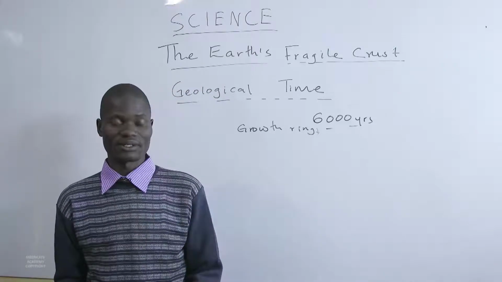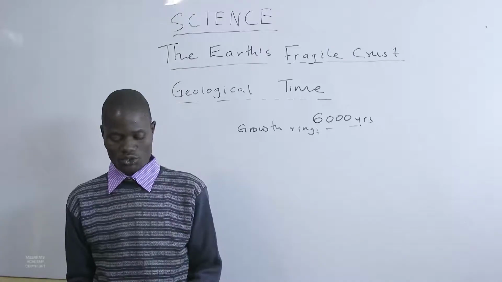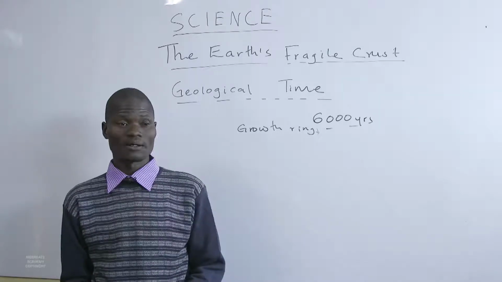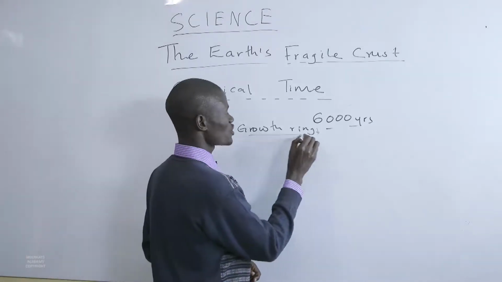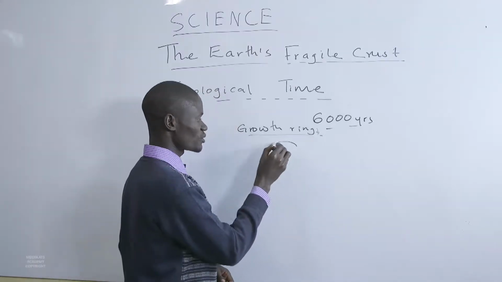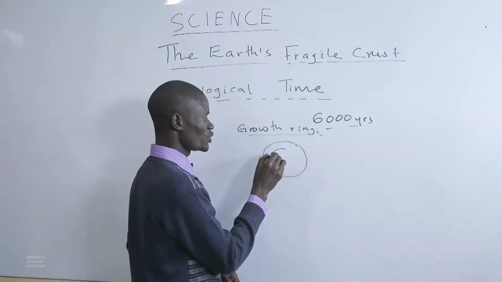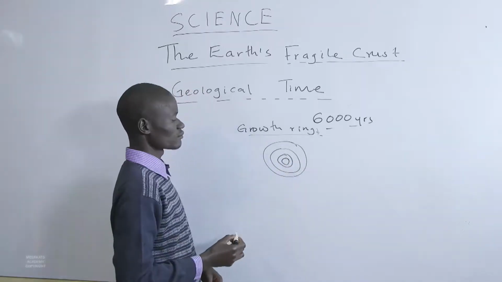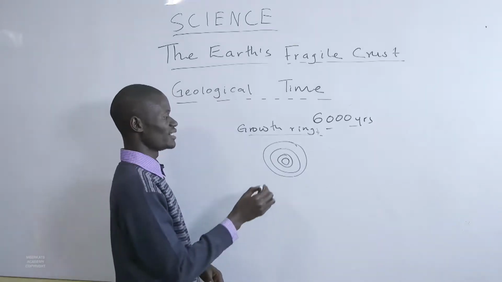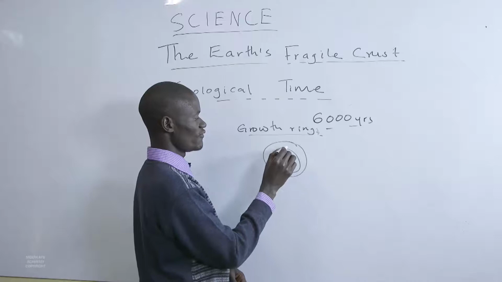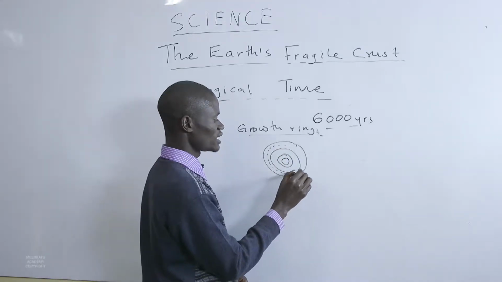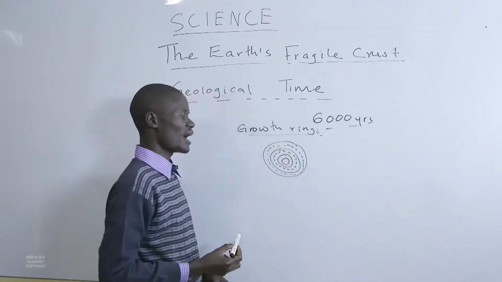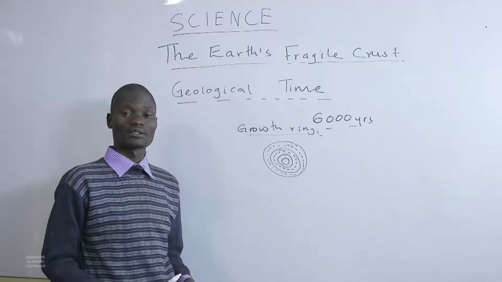When you study carefully, you may be able to trace back the time this tree began to live. When you cut the tree in a transverse manner, you'll find various rings with different colors or different marks. These rings are what we call the growth rings.